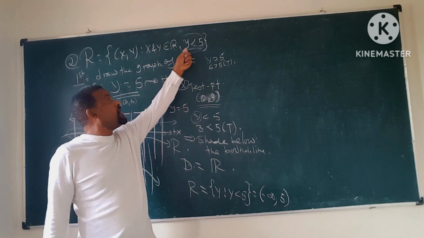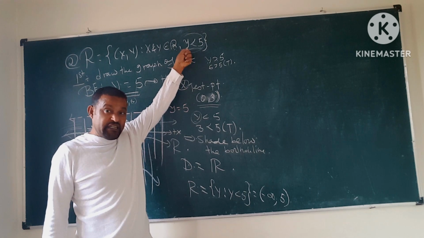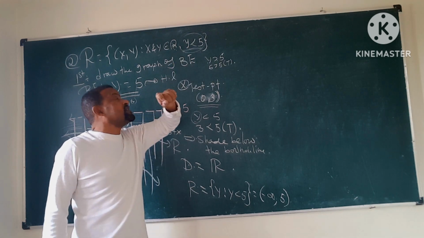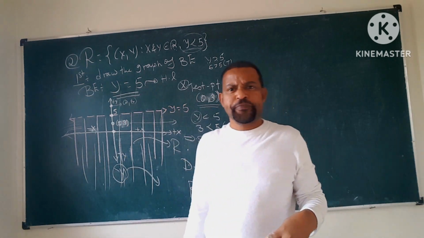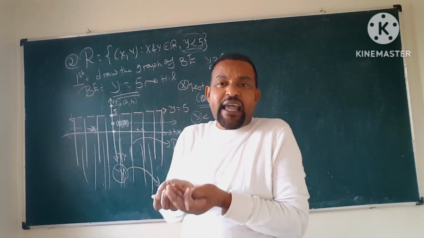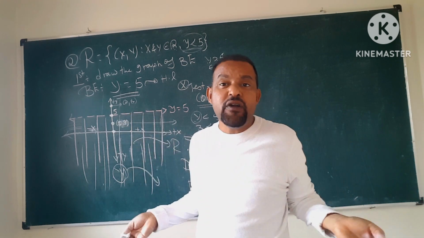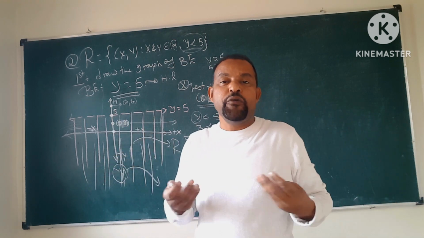In a linear horizontal inequality, that means y greater than k or y less than k: if y is greater than k, we shade just above the boundary line; if y is less than k, we shade just below.